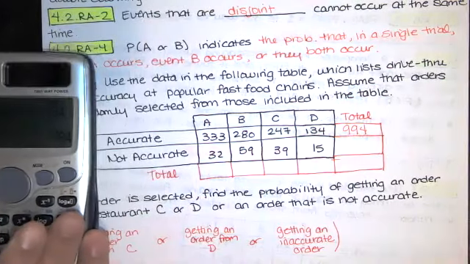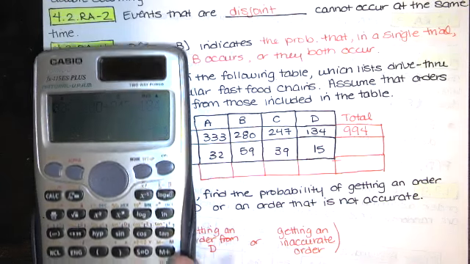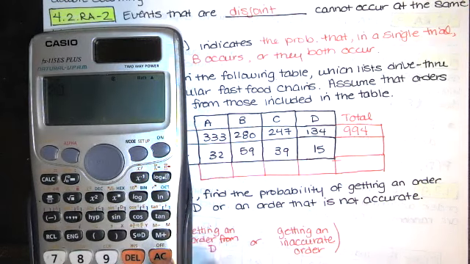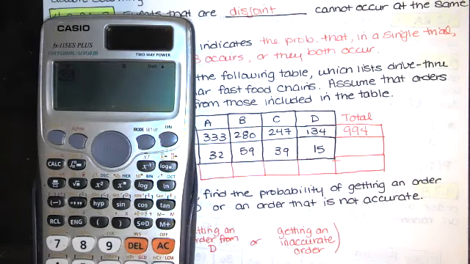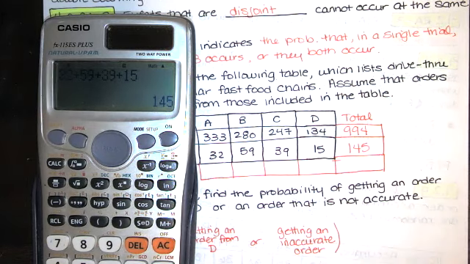And then if we want the total number of inaccurate orders, we just add up the numbers in this row. There were 32 from restaurant A that were inaccurate. Then we had 59 from restaurant B, 39 from restaurant C, 15 from restaurant D. So we had 145 orders that were inaccurate.